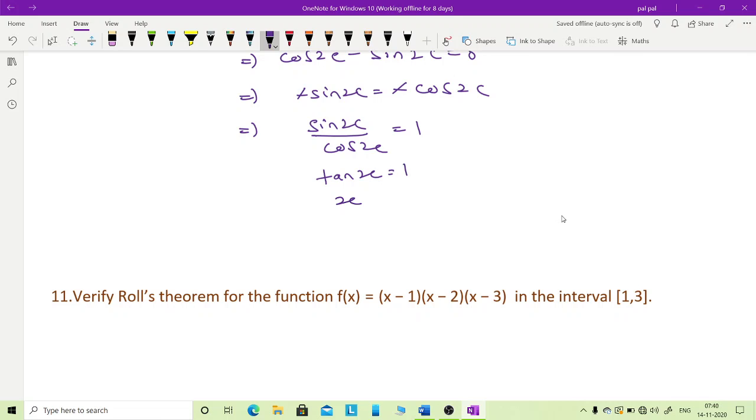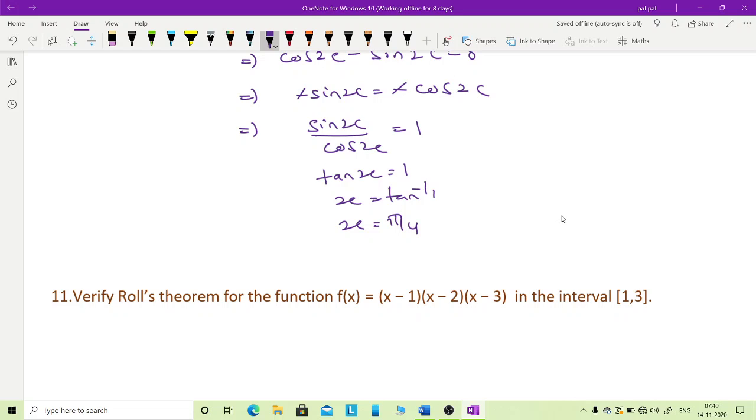2c is equal to tan inverse of 1. Tan inverse of 1 is pi by 4. Not only pi by 4, you can take some more values, like 5 pi by 4, but those come outside our range. So pi by 4 is enough.